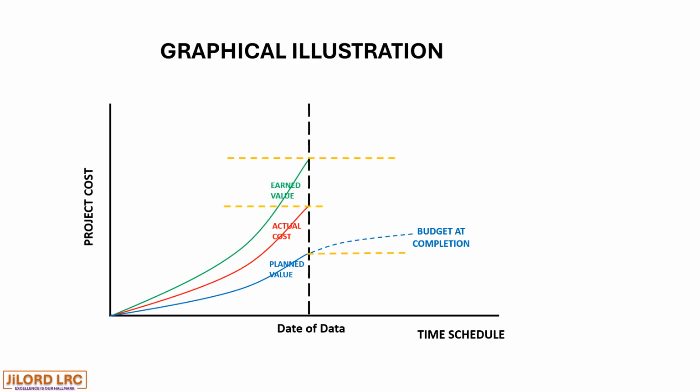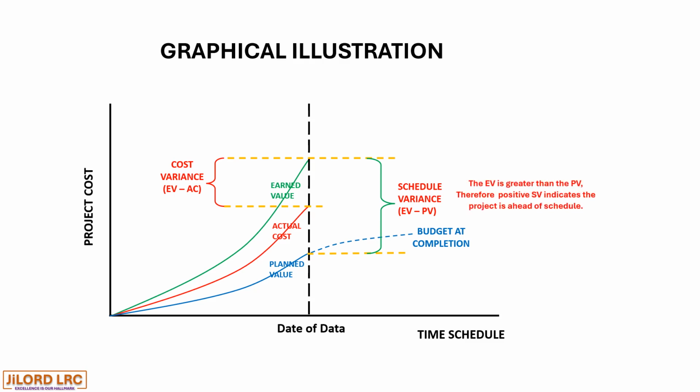So let's look at the interpretations. The schedule variance is earned value minus the planned value, and the cost variance is the earned value minus the actual cost. In this case, the earned value is greater than the planned value, and therefore there is a positive schedule variance, and the project is ahead of schedule.